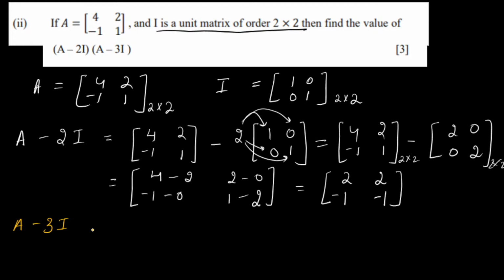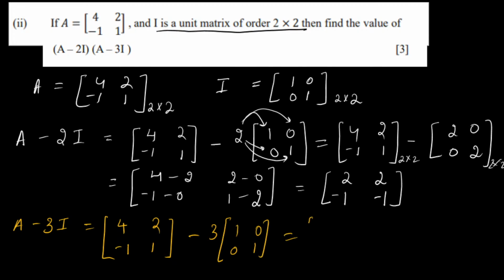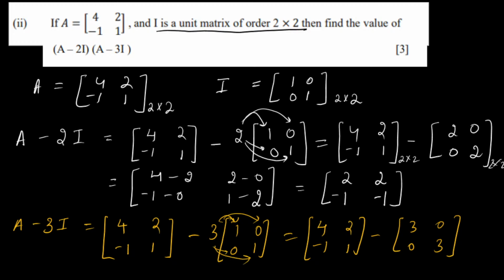A minus 3I I will find now. A's value is the same, 4, minus 1, 2, 1, minus 3I. 3I means 3 times I, so scalar multiplication: each element of I is multiplied by 3, so this becomes 3, 0, 0, 3. Now we can do the subtraction.